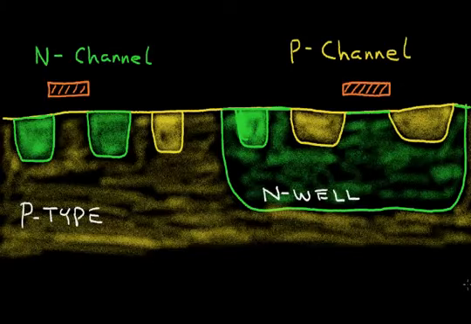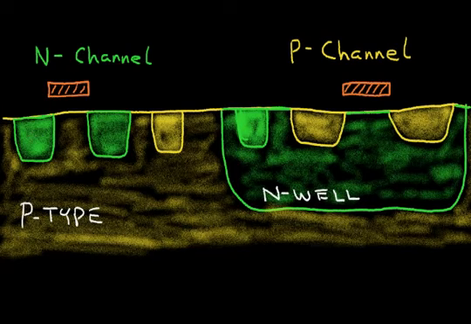In the previous video, I introduced the N-channel transistor that's shown here at the left. Now I want to introduce the P-channel transistor shown at the right, and then talk a little bit about both transistors. Now notice that the green is an N-type material.